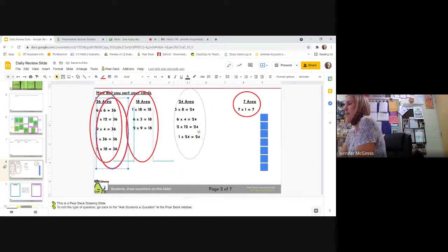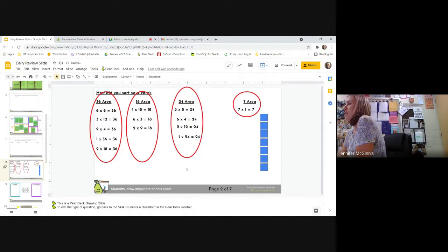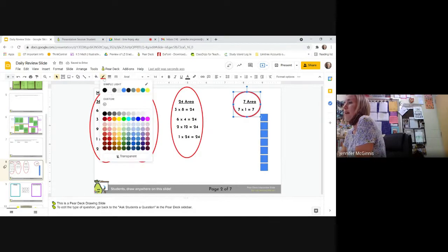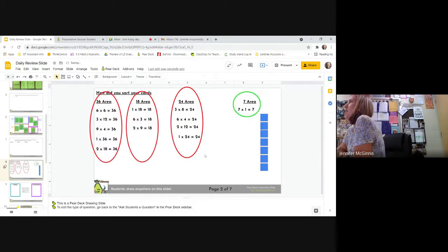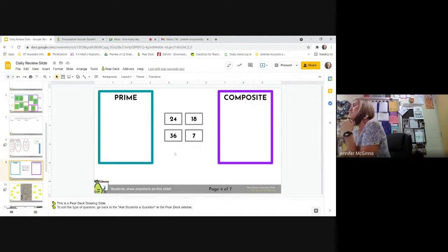This one here makes a bunch. But this one only makes one. These three here are called composite numbers because you can compose a whole bunch of different boxes with these numbers. 7 is called prime.